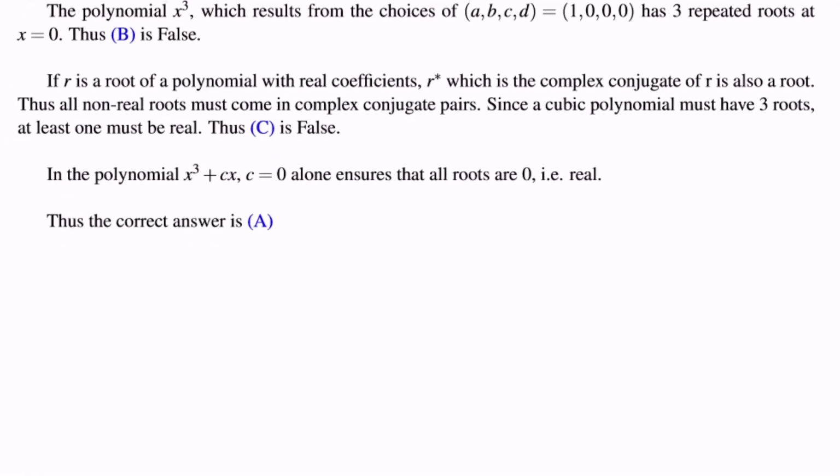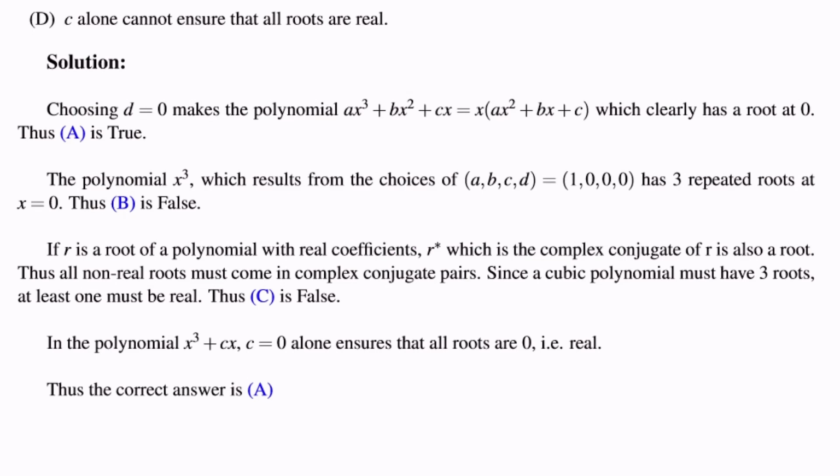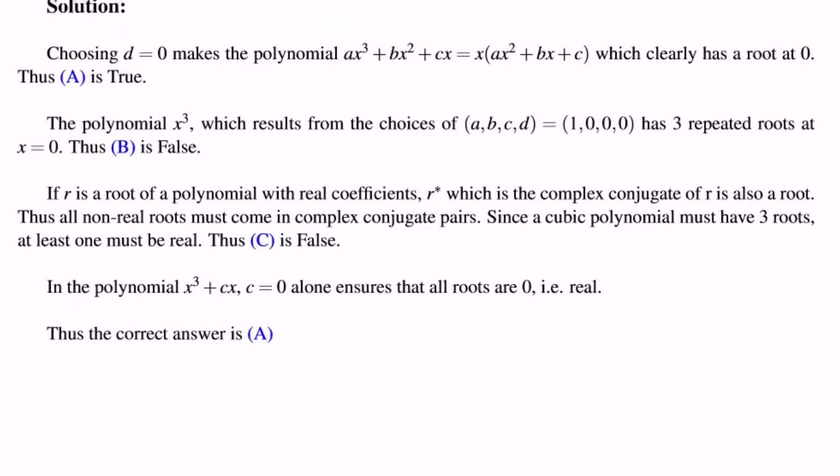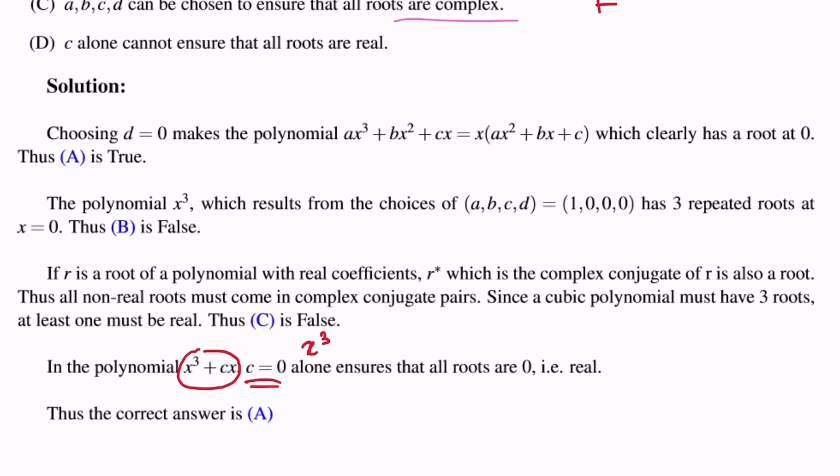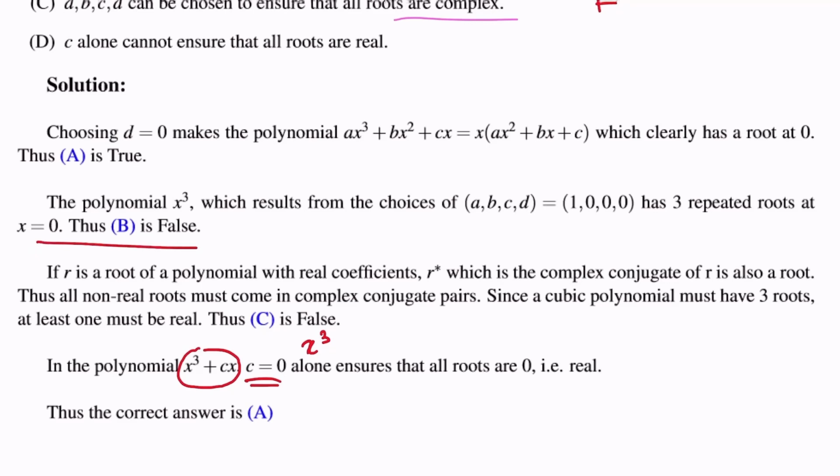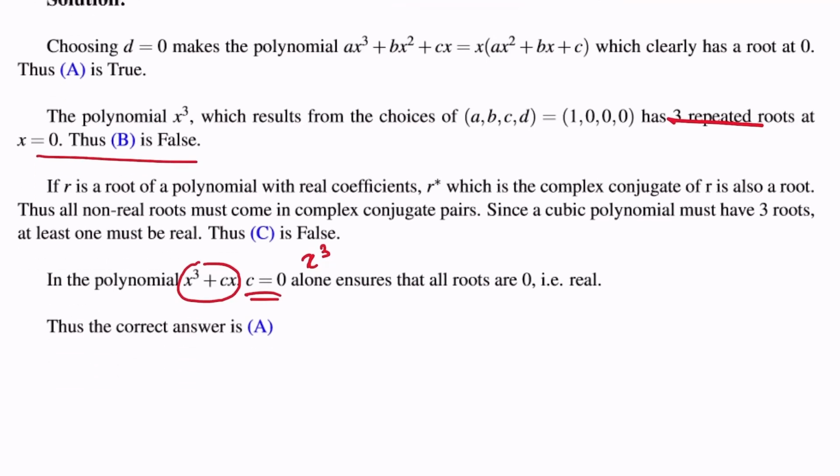Finally, we conclude with option D, which says that c alone cannot ensure that all the roots are real. And similar to option B, we construct a counterexample for this statement in the form of the polynomial x cube plus cx. For x cube plus cx, making c equal to 0 reduces the polynomial to x cube, which, as we saw in the proof for option B, has 3 repeated roots at x equal to 0.